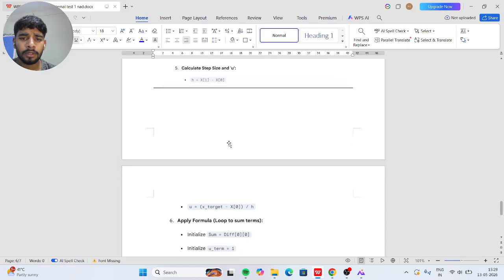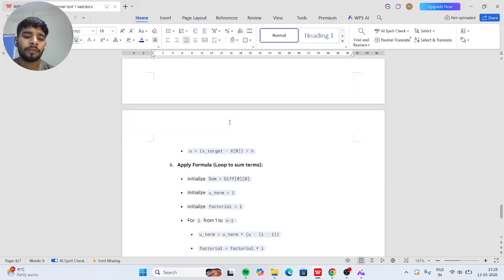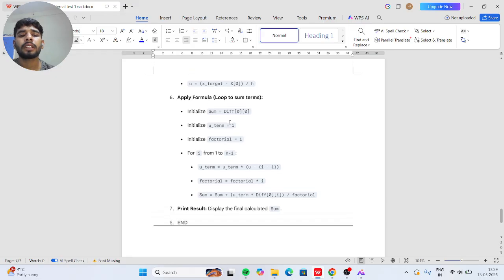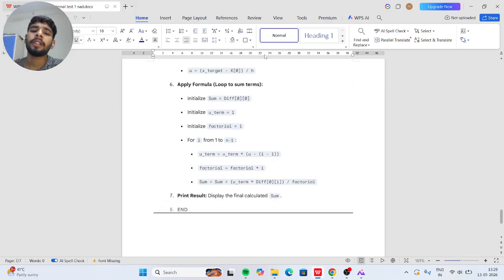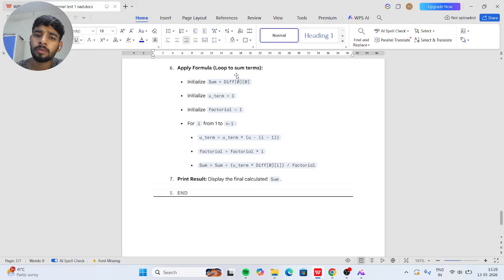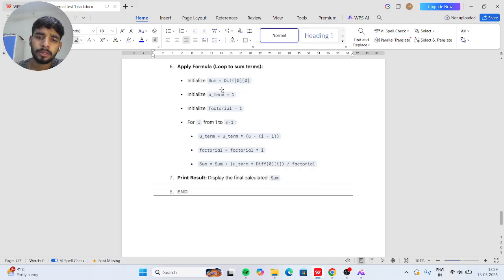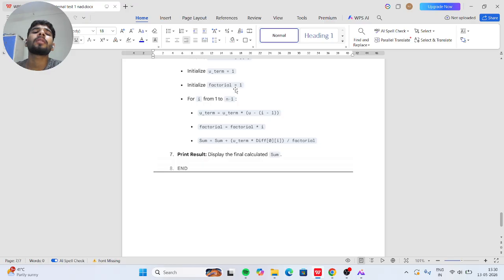Here, calculate the step size and u. h equals x1 minus x0 is the basic formula for the step size, and u equals x target minus the first x value, divided by h. Now we will apply the formula loop to sum the terms: sum equals difference[0][0], u term equals 1, factorial equals 1.